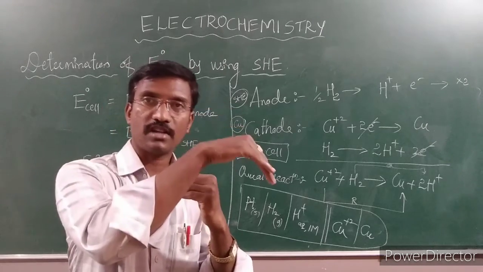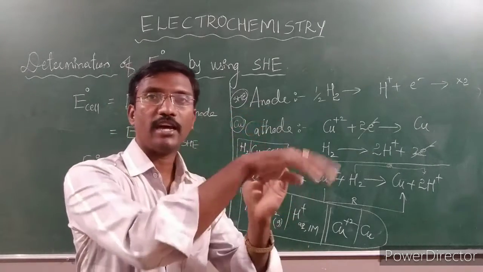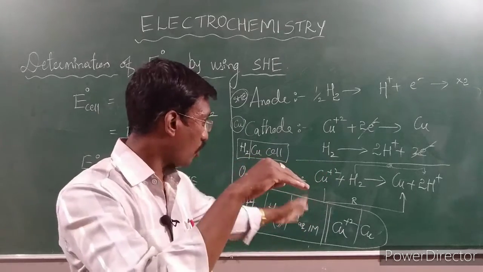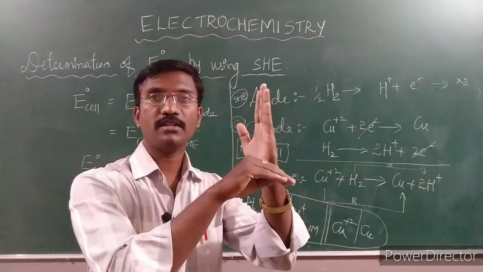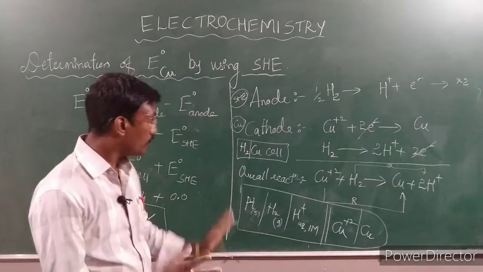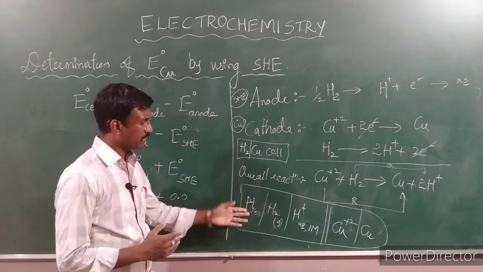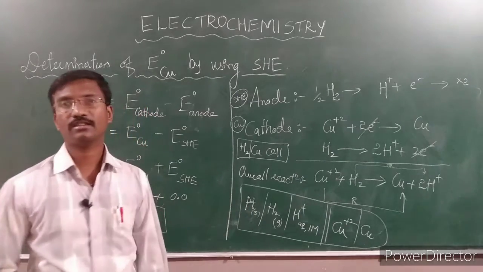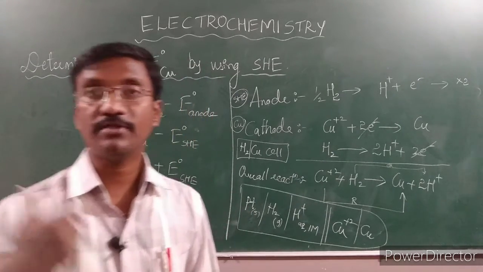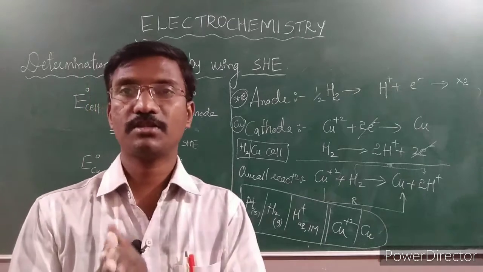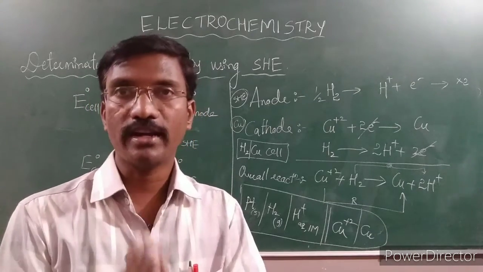It is connected to the salt bridge, the double line, and the ion present here is copper Cu2+ and the rod present is copper. So do remember this, not by heart or rote, but practice with understanding. That is a better way. Sometimes if they ask a different cell representation, you should be thorough enough to write it.